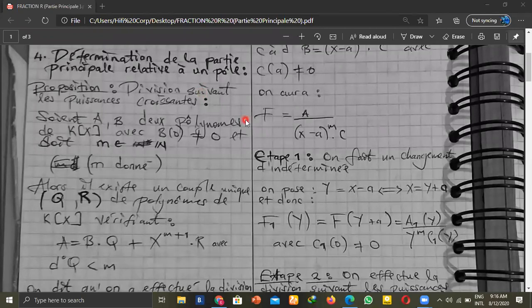A fraction rationale is a polynomial in fraction form. In fraction form, okay. And then when it comes to decomposition, how do we decompose it, both in C and in R? How do you know that now we can decompose?